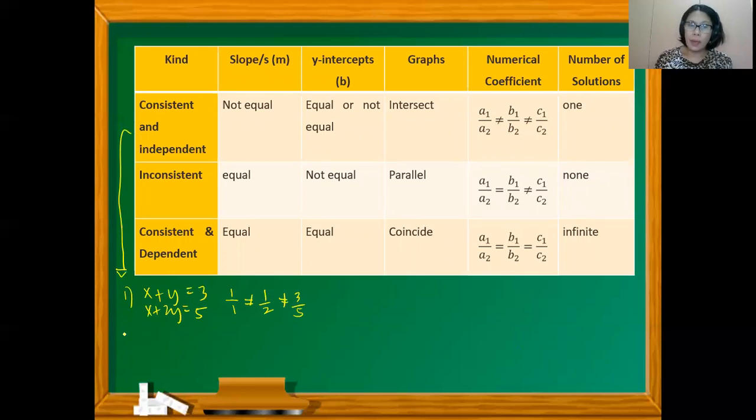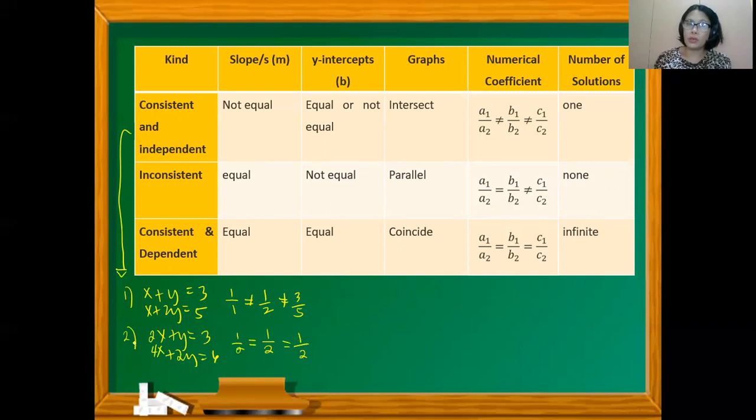With the second pair of linear equations, we have 2x plus y equals 3 and 4x plus 2y equals 6. So the two are equivalent equations. So we come up with equal ratios: a sub 1 over a sub 2, which is equal to b sub 1 over b sub 2, which is also equal to c sub 1 over c sub 2.